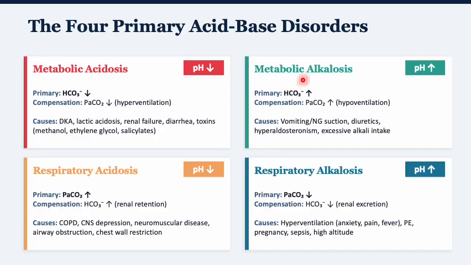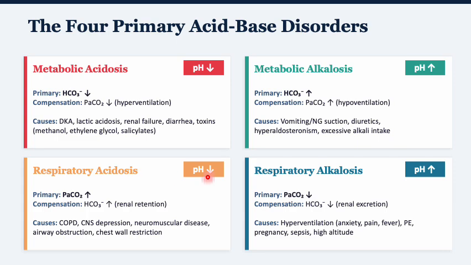As compared to the metabolic alkalosis, you have increased pH, increased bicarbonate, and the compensation is hypoventilation. You're going to slow the breathing down. This can be caused by vomiting, NG suction, diuretics. And then next you have the respiratory acidosis.